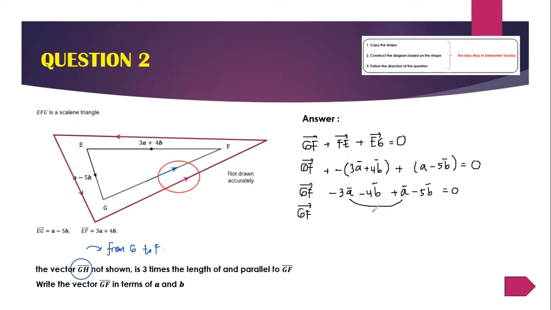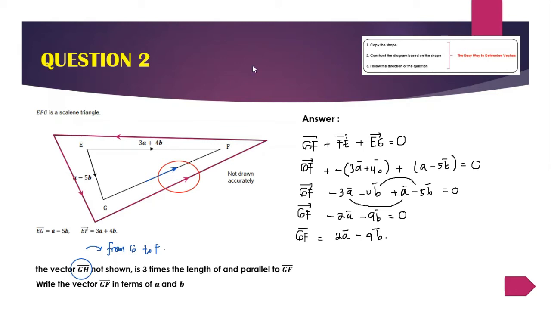Minus 3a plus a is minus 2a, and then here minus 4b minus 5b is minus 9b equals 0, right? So factor GF equals 2a plus 9b. Done, right? Is it good to you, everyone?